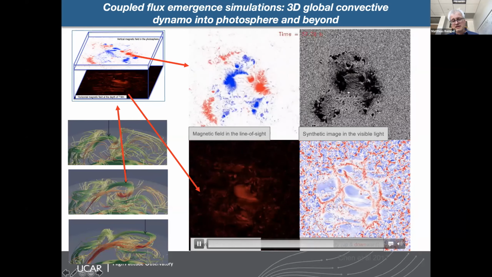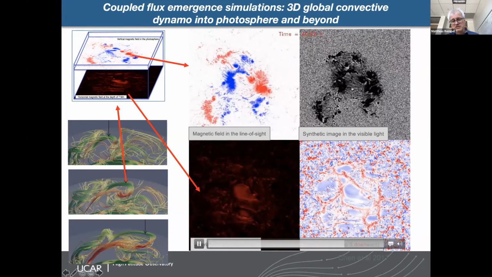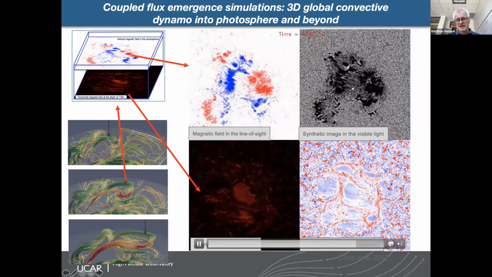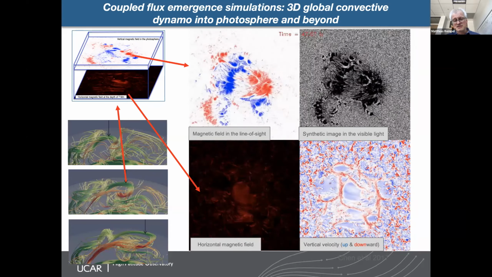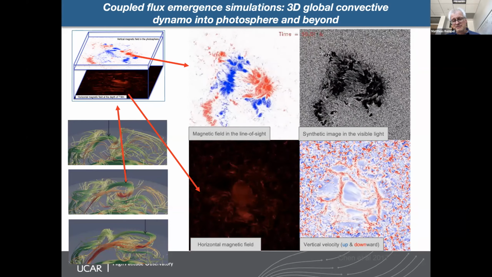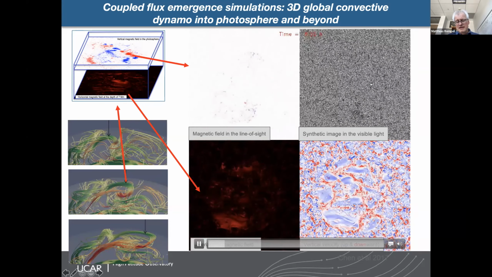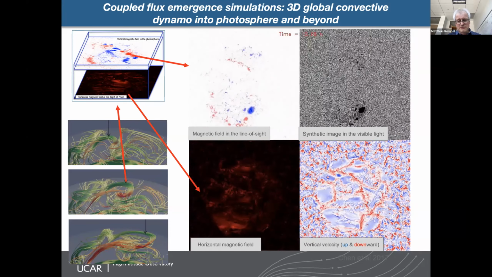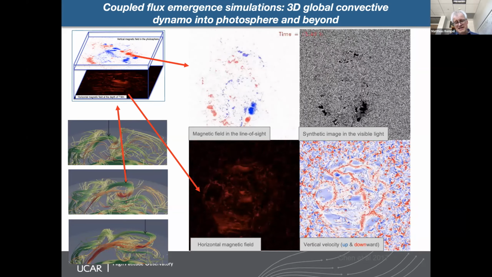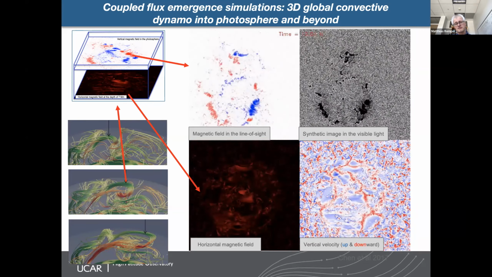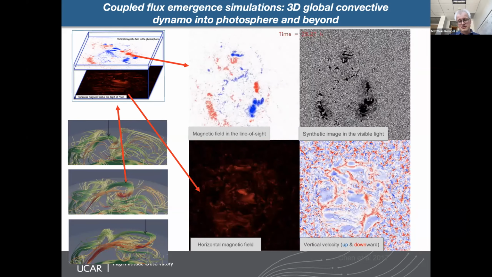And you see here several patterns which indicate something which looks a little bit like penumbra. I'll get back to this on the next slide, and also some indication of complex light bridges. One important thing I would also point out: I talked before about these helioseismic constraints on the diverging flows caused by flux emergence.